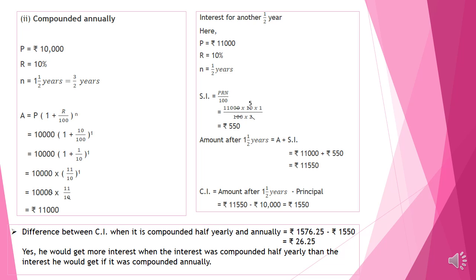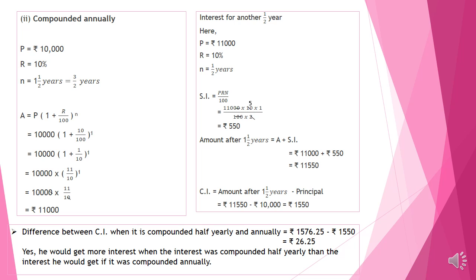Children, now we have to find the compound interest on annual basis. Principal is same only, rate of interest also same, and n is equal to 1.5 years. Okay, everything is same, but based on annually only we have to find out. So here children, when we have to find 1.5 years compound interest annual basis, we have to do first for 1 year and then for half year.